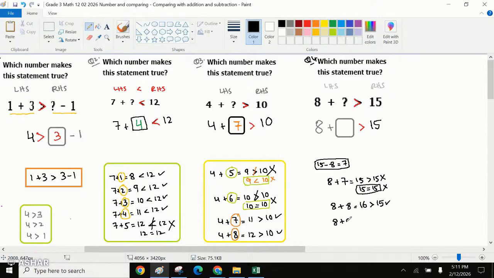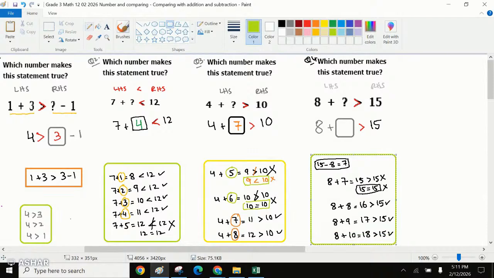If I take 9 over here, that is 17. 8 plus 9 is 17, which is greater than 15, right? That's also true. If I take 10 as the number, that is 18. Is 18 greater than 15? Yes, it's true. So the possibilities that we can consider are we can take 8, we can take 9, and we can take 10.